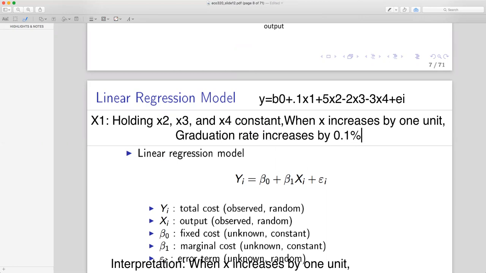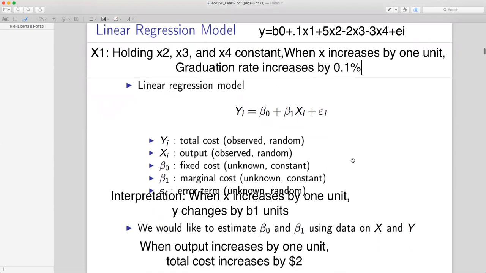That is your interpretation. For x3, for example, holding x1, x2, x4 constant, when x3 increases by 1 unit, the graduation rate decreases by 2%. Those are basically the highlights of this.